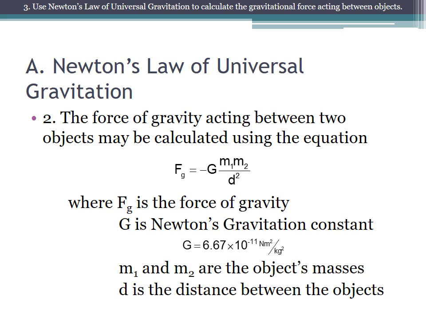And so if we're given the mass of the two objects, M1 and M2, and the distance between them, and G, you'll always be given it, meaning you won't need to memorize it, but you won't ever have to look up something different because it's always the same thing because it's a constant. Given those three things, you can calculate the force of gravity acting between the objects.